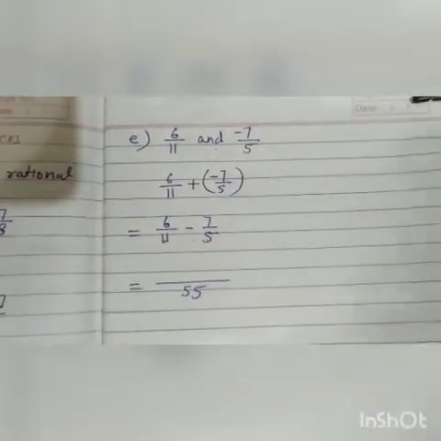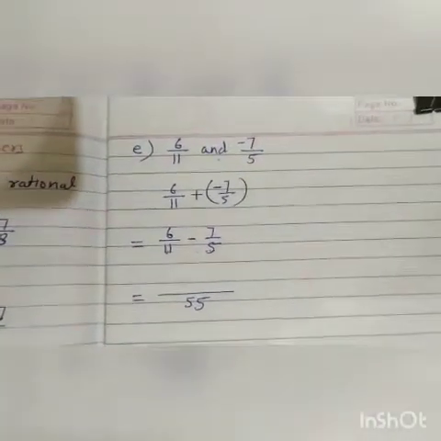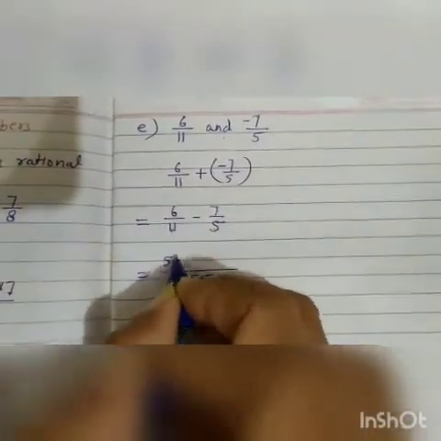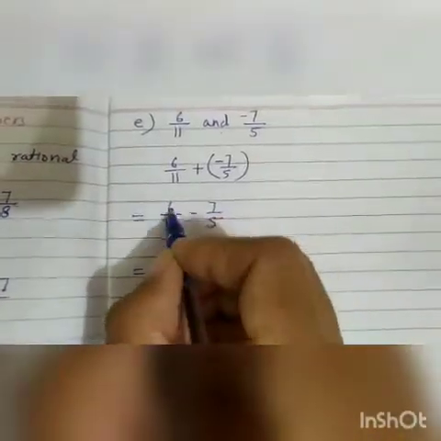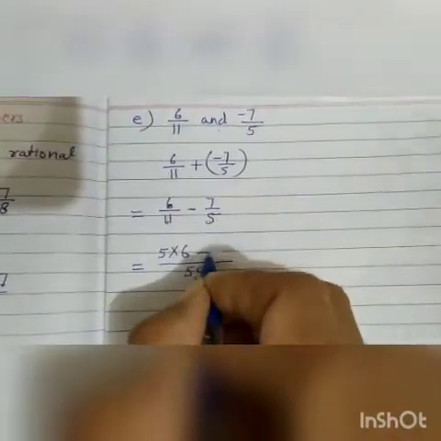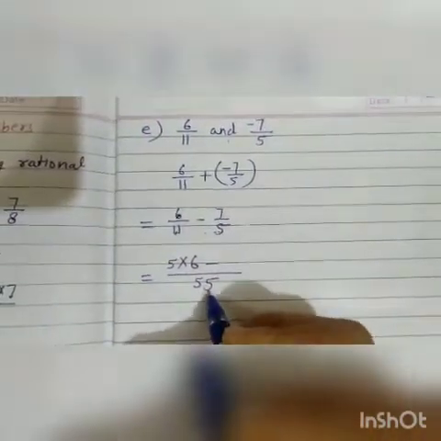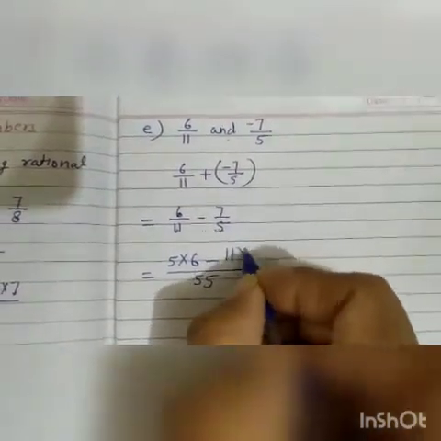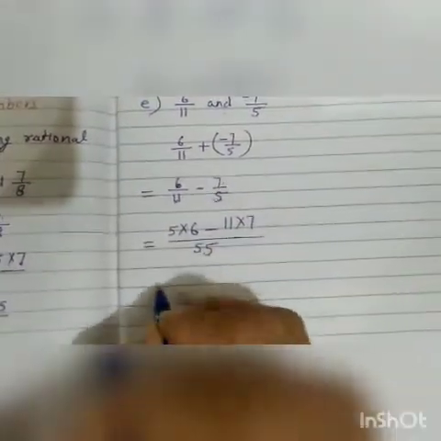Then divide this 55 by this 11. 11 1s are 11, 11 2s are 22, 11 3s are 33, 11 4s are 44, 11 5s are 55. 5 multiply this numerator 6, then this minus, again divide this 55 by 5, we get 11, then multiply by 7.